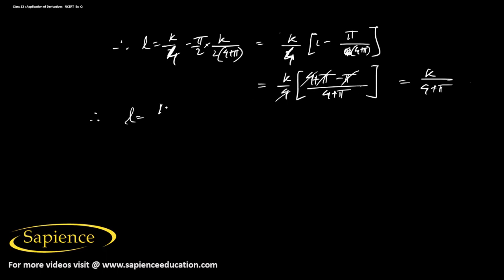So now L is coming k by (4 plus pi), and the radius x is coming k by 2 into (4 plus pi). So hence we can say that L is equal to 2x.